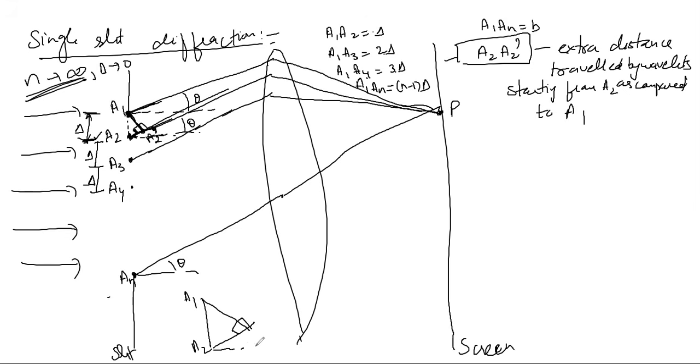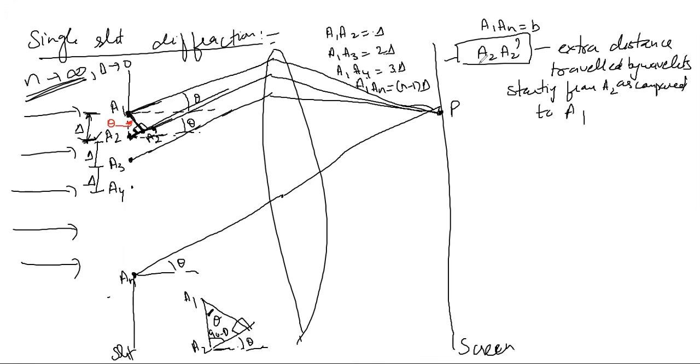And then I'm saying if this angle is theta, that means by default this angle is going to be 90 minus theta. क्योंकि ये जो है ये perpendicular है. ये 90 minus theta है. So this is going to be theta. Which basically means that this angle is going to be theta.